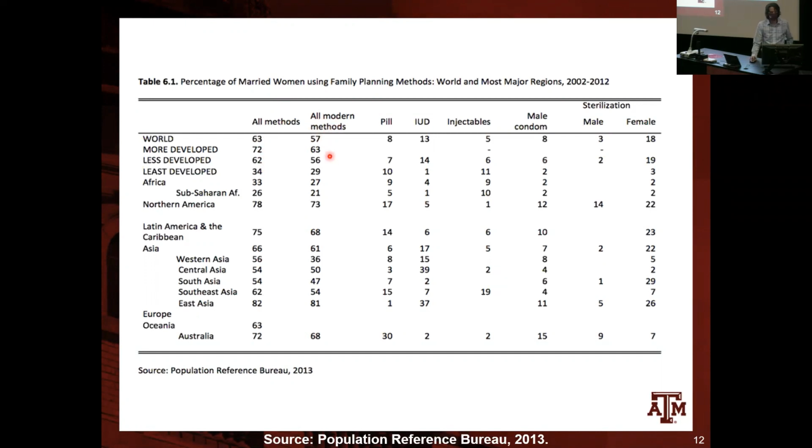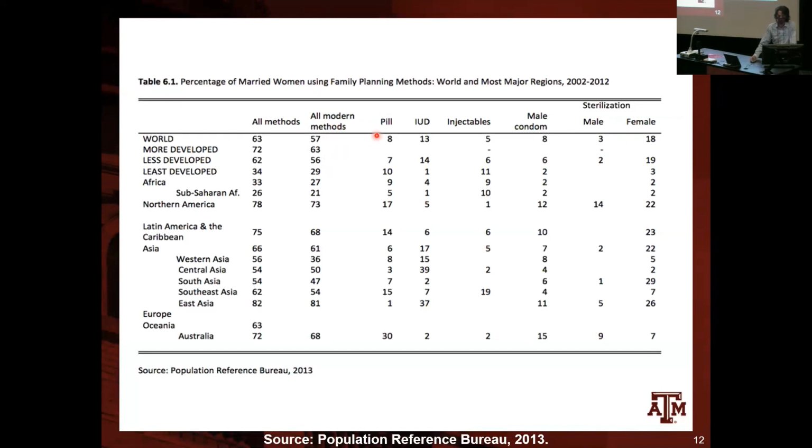Overall you see some variation, but when you compare more developed countries, 63%, and less developed countries, 56%, this difference is not so big. But when you look specifically at the least developed countries, and specifically at Africa and sub-Saharan Africa, you start to see a drop in the use of modern family planning methods among married women.